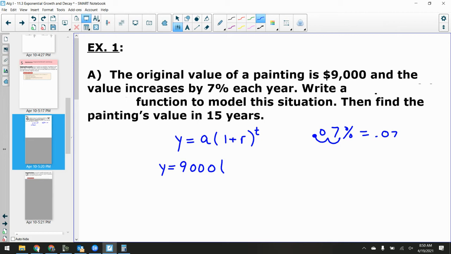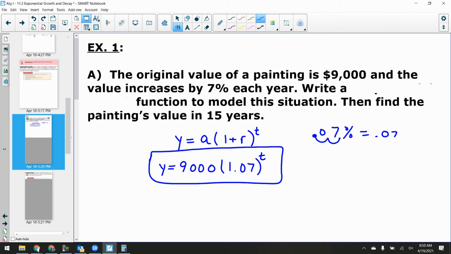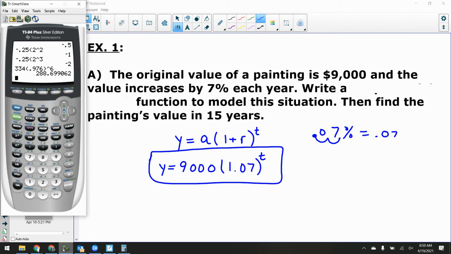So 1 plus 0.07, I can just make that 1.07 raised to the t power. So there's my function. Then find the painting's value in 15 years. Well, that just means I plug in 9,000 times 1.07 to the 15th power.